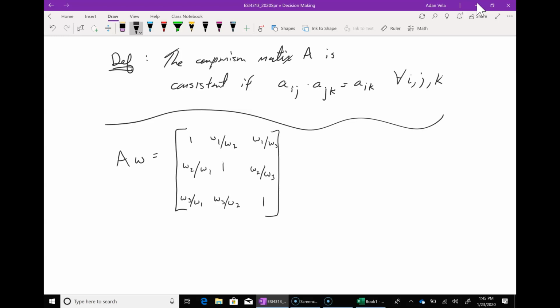Typically we'll be given this A matrix. In our case, it was 1, 2, 1/3, 3, 1, 1, and I think 3, 1, 1. We're given this matrix, but we know that the A matrix is really the ratio of W1, W2, and W3 with each other. So usually, this is given.